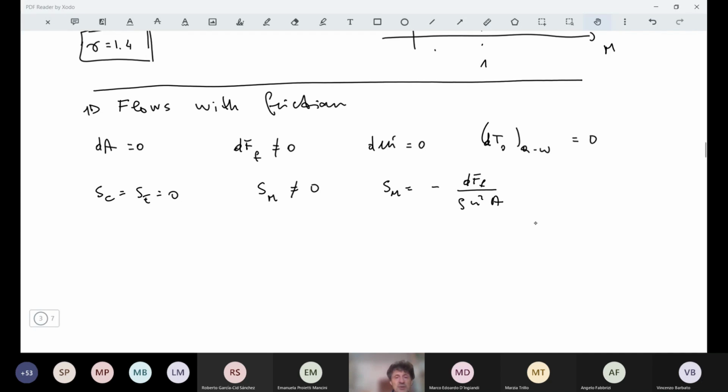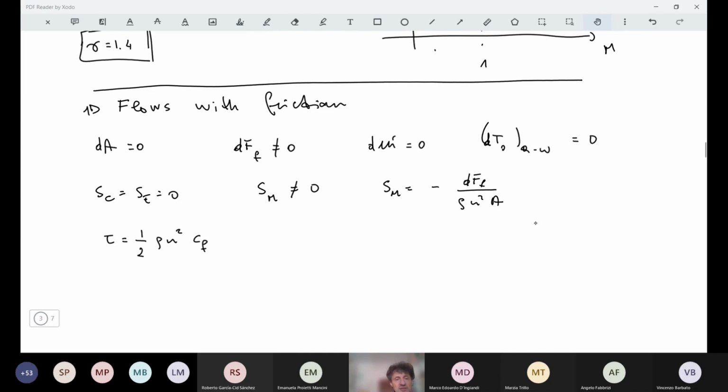To better express and analyze this case, it's convenient to recall the way we used to express this friction force. We typically use the friction stress, let's call it tau, which is a force per unit surface, and we express this through the dynamic pressure, 1/2 rho u squared, and skin friction coefficient CF.